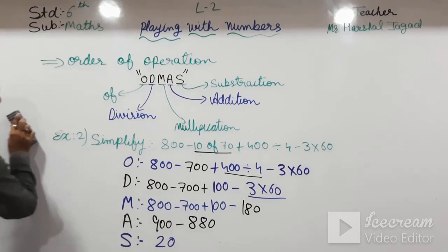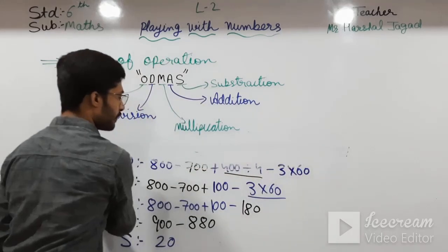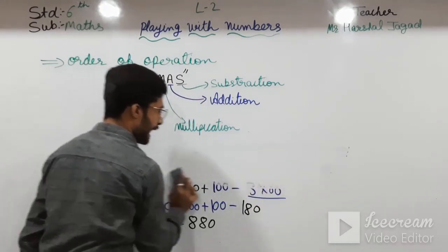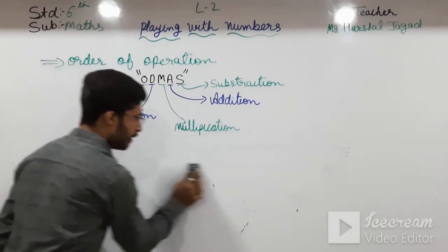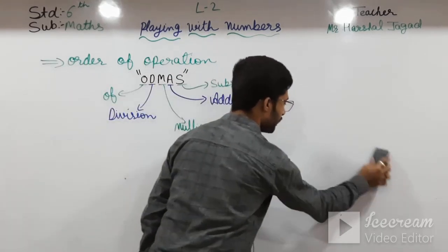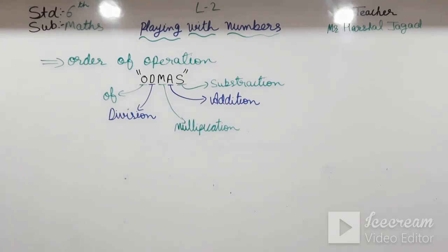See here next answer, and now it comes the simplification of brackets. In that what happens, let us see that example first only. Okay students, let us see that only of simplification of the bracket. So how it is done?